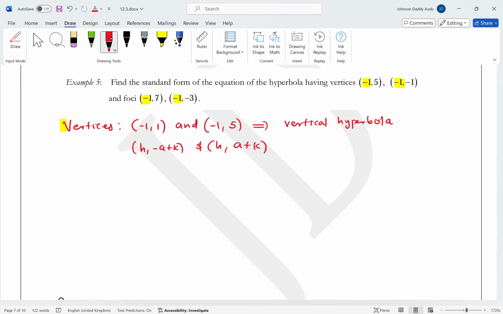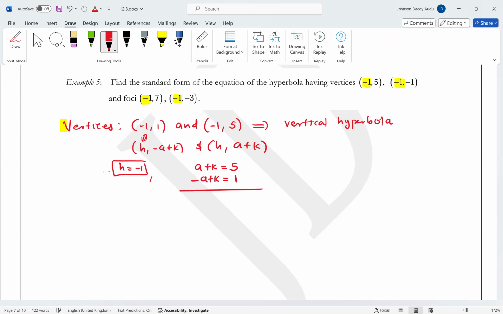Here it's clear that h is equal to minus 1. So if h is equal to minus 1, you can use any of the equations to find k. Here you can see that a plus k is 5, and minus a plus k is 1.